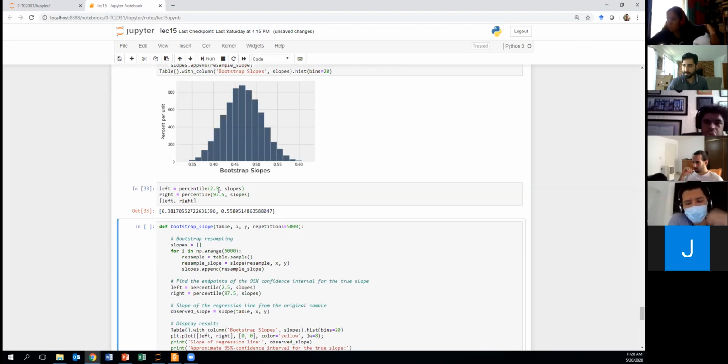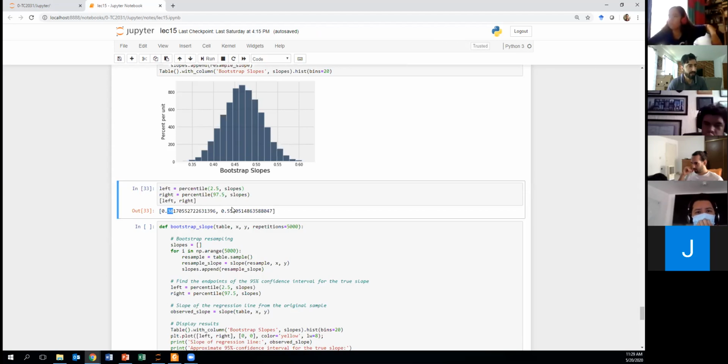If I cut the 2.5% on the left and 2.5% on the right to get my 95% confidence interval, it means with 95% confidence, I can say each extra day that the baby is in the womb, the baby is going to gain 0.38 to 0.55 ounces more in weight. Is it clear?